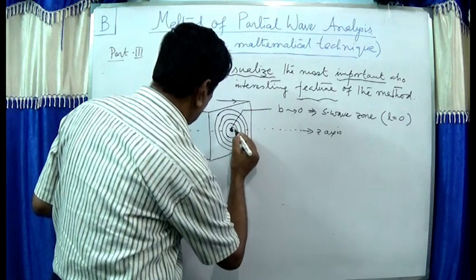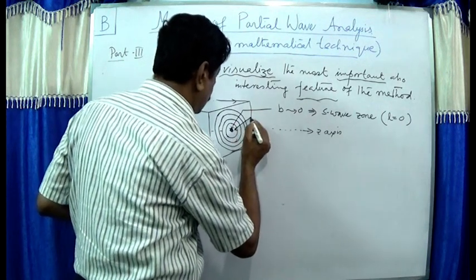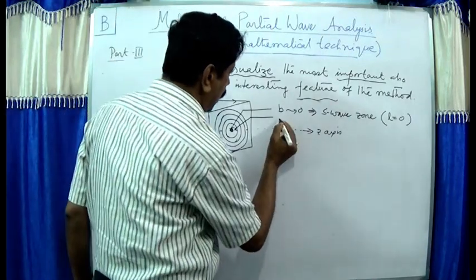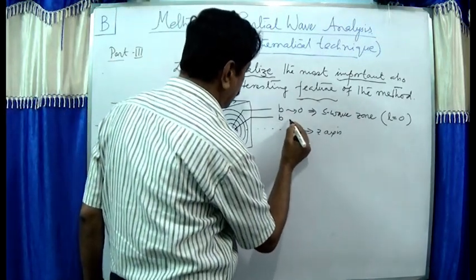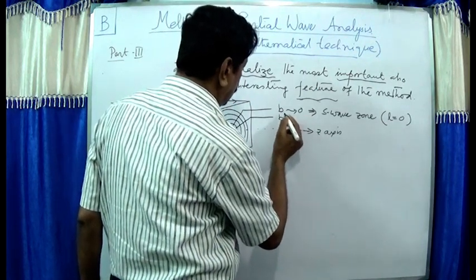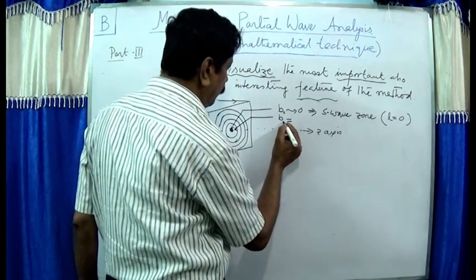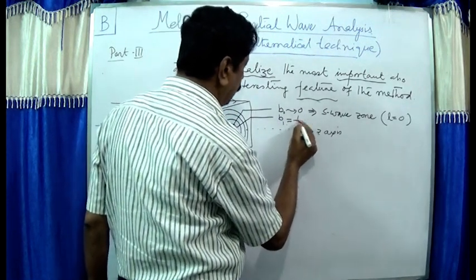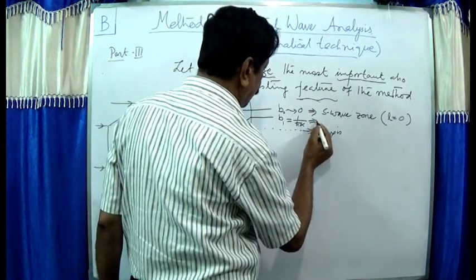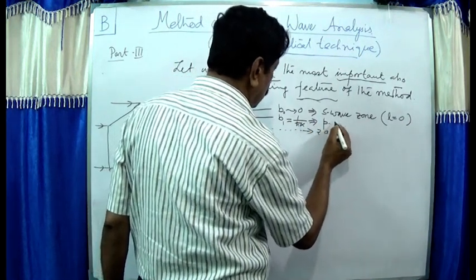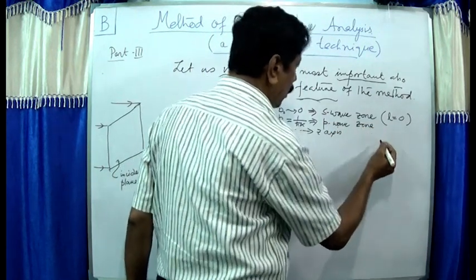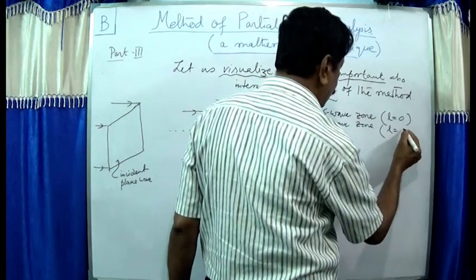The second circular zone will be such that the value of b, so it is b0 and now it is b1, which is 1 by h cut k, and that corresponds to the P wave zone with L equal to 1.